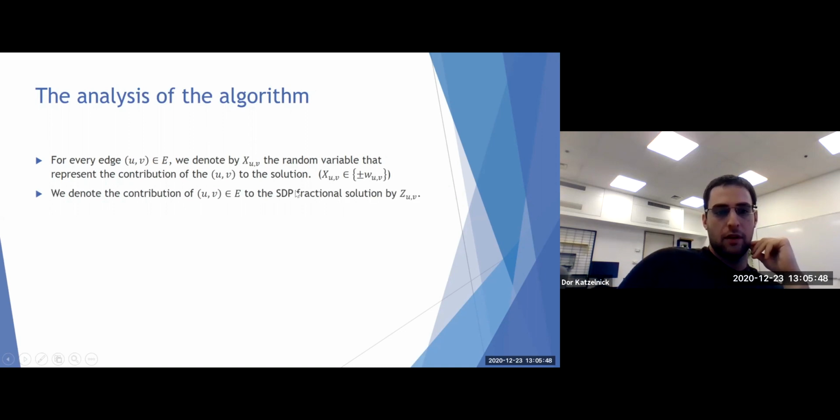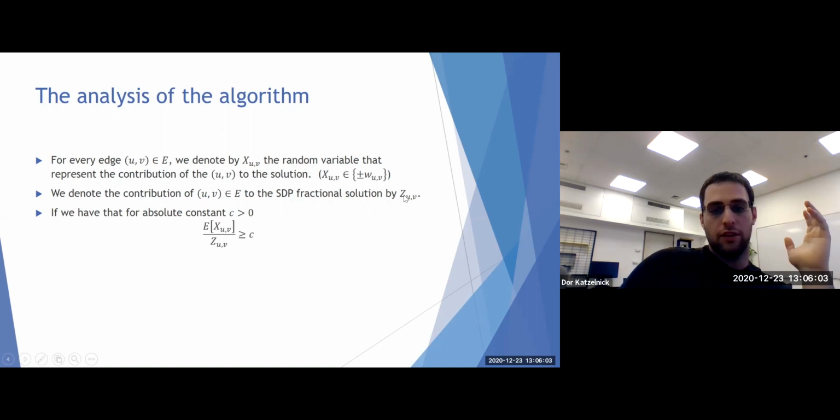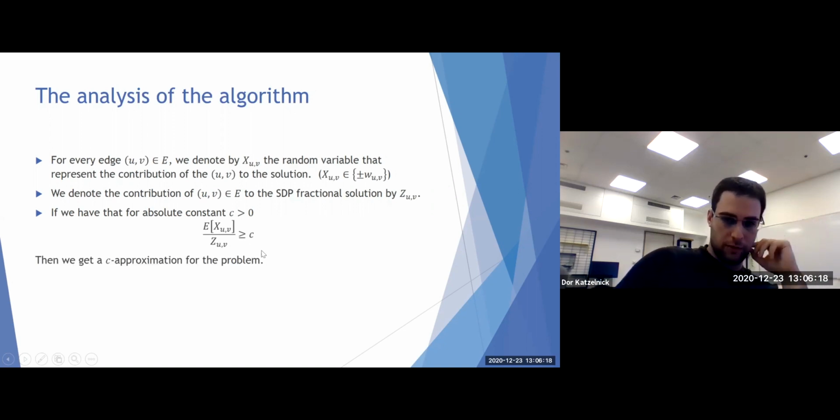And then we can denote the contribution of this edge to the semi-definite relaxation by this number, Z_UV. And if we can show that there is some constant C, such that for every edge UV, the expected contribution to the solution over the contribution to the semi-definite relaxation is at least C, then we get a C approximation for the problem.